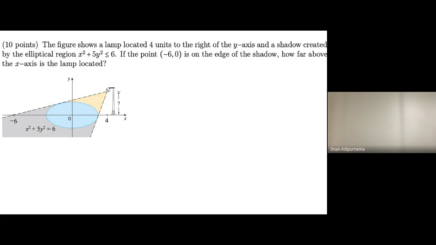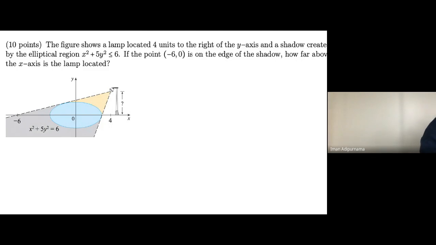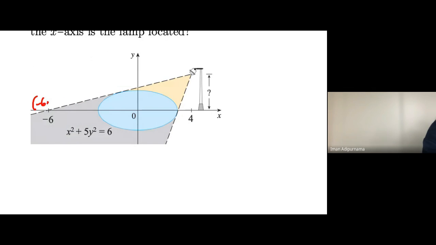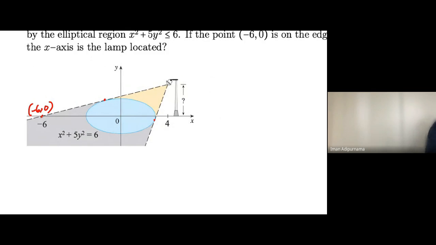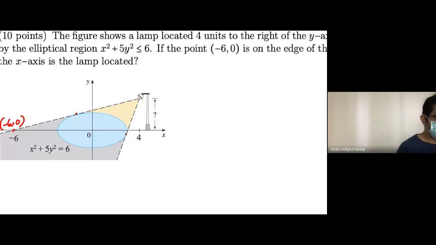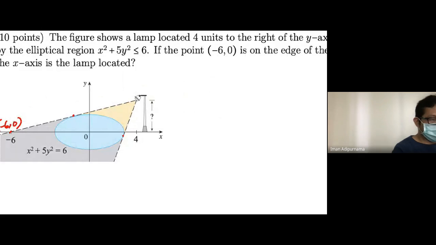Okay. So first, let's say this is the point, right? And you have a tangent here and a tangent here, right? Or let me just write the equations here for you. So the equation will be x squared plus 5y squared equals 6, like that. This is the ellipse.